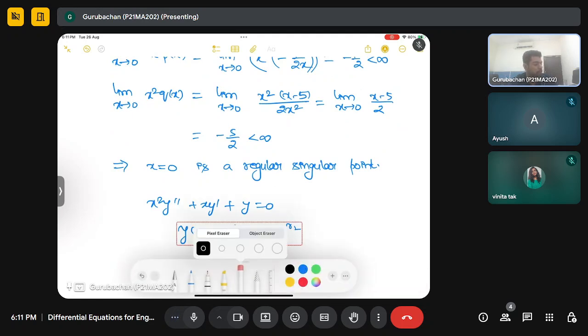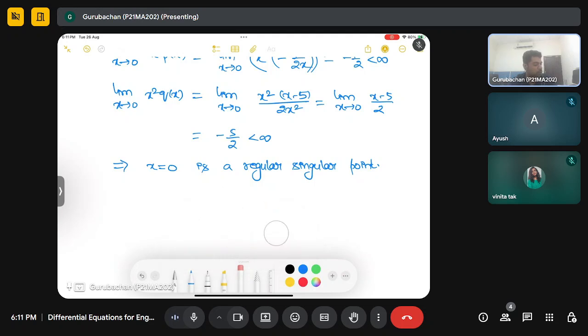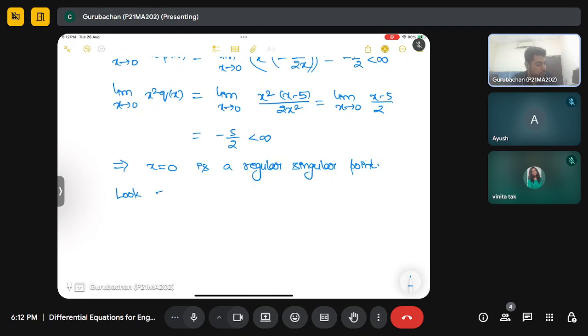In this method, we assume our power series solution to be x^r times a power series, to get the expansion of p(x) and q(x). So we look for y(x) = x^r sum from n = 0 to infinity of c_n x^n.